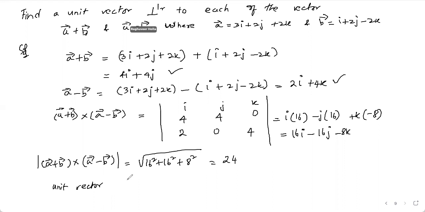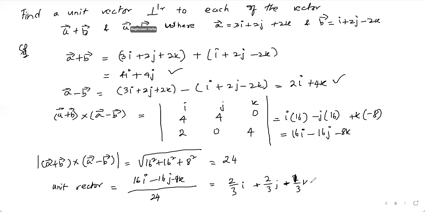The unit vector along this would be 16i minus 16j minus 8k by 24, which results to 2 by 3 i, 2 by 3 j, and 1 by 3 k, after simplifying it.